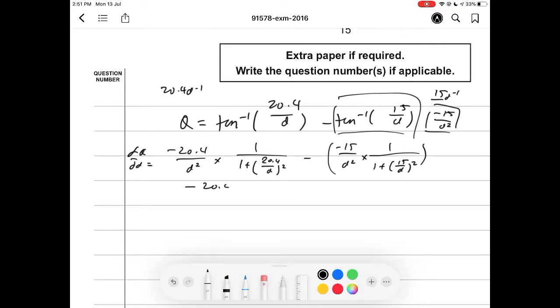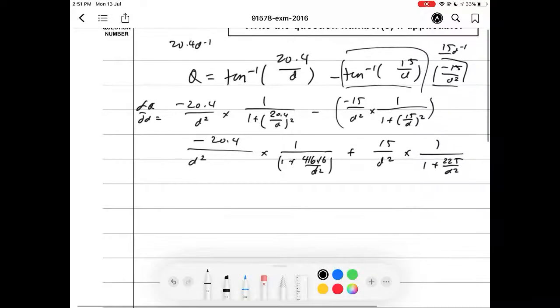And this actually gets us negative 20.4 over d squared multiplied by 1 over 1 plus 20.4 squared, which is 416.16 over d squared, plus 15 over d squared times 1 over 1 plus 225 over d squared.